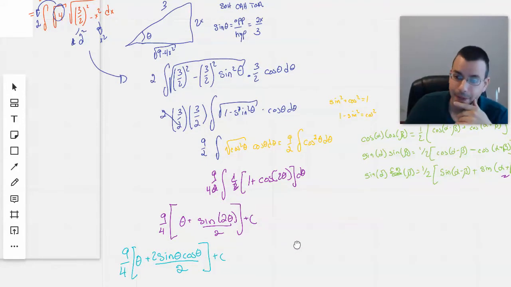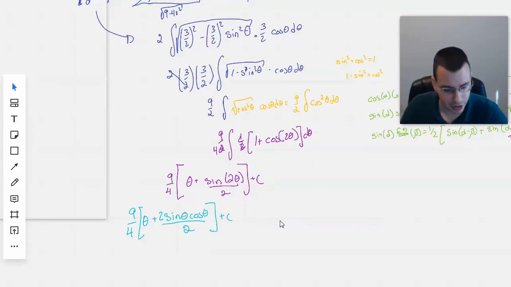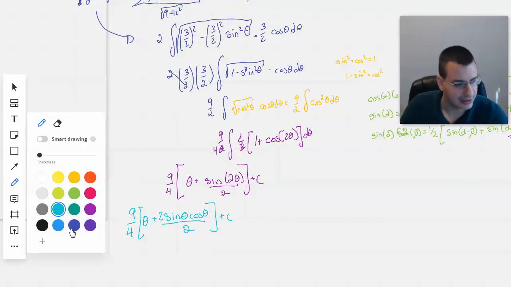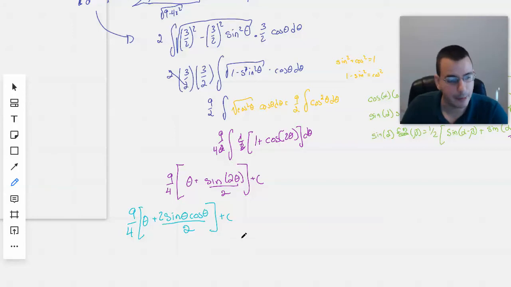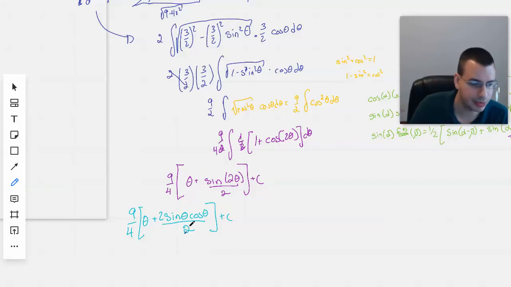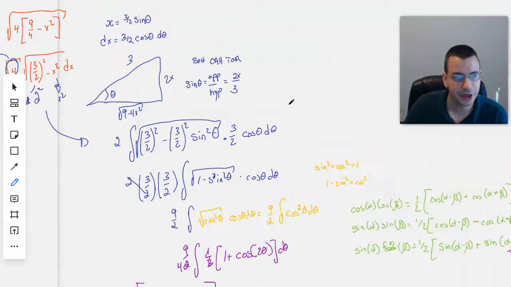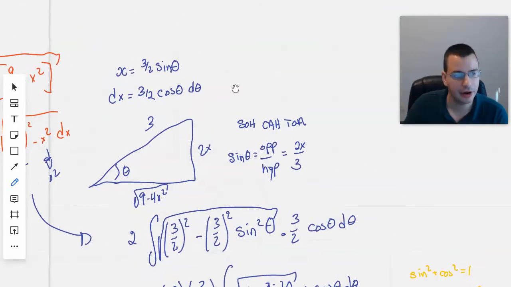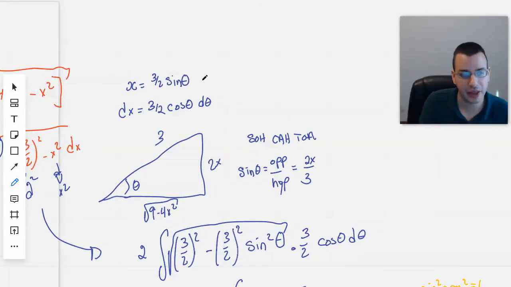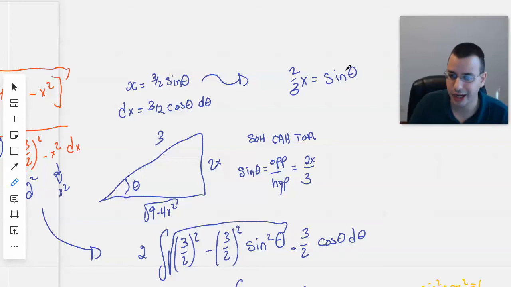Okay, so it might be. Now we're going to convert these back to x, and it's not going to be pretty. So, start by canceling out the 2's and feel as if I did something productive. I did not. 9/4. So, start with theta. We go back up here and solving for theta, we have 2/3 x equals sine of theta, which I guess we kind of already knew.